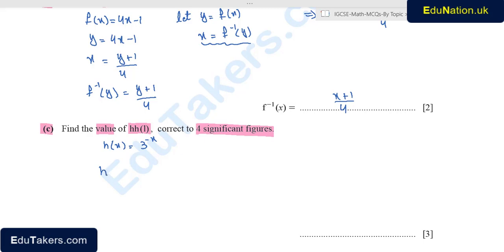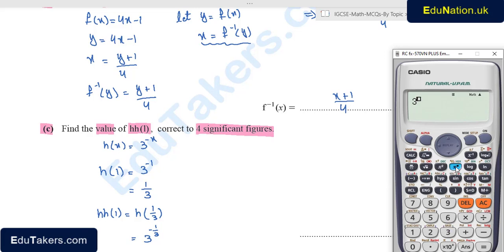Now h of 1 is 3 raised to power minus 1, and this is equal to 1 over 3. Now we have to find h of h of 1. So h of 1 over 3 will be 3 raised to power minus 1 over 3.